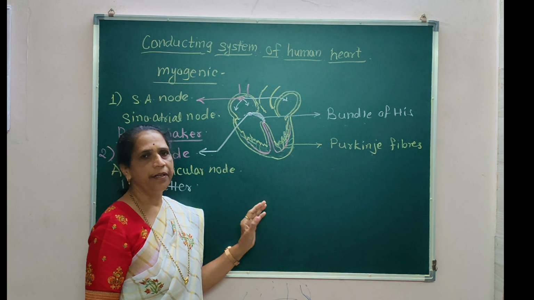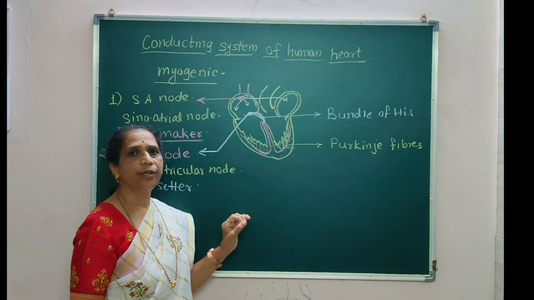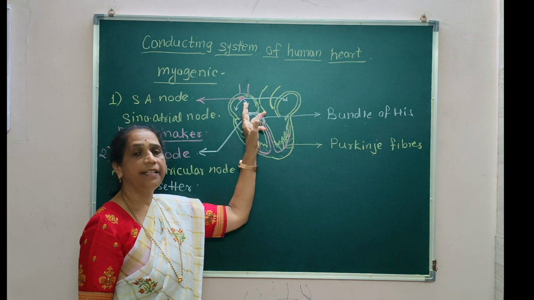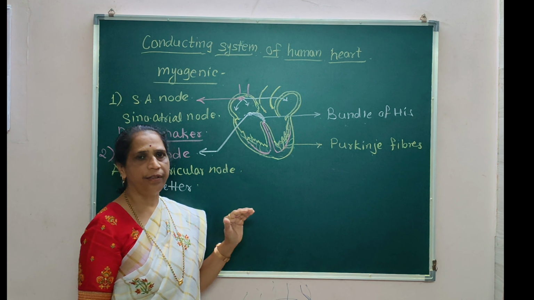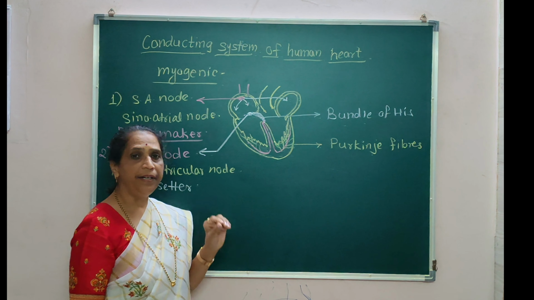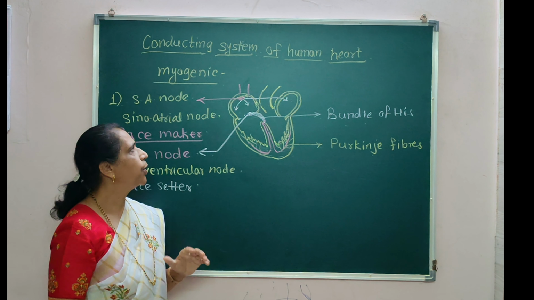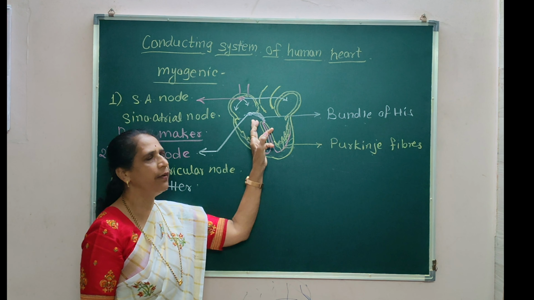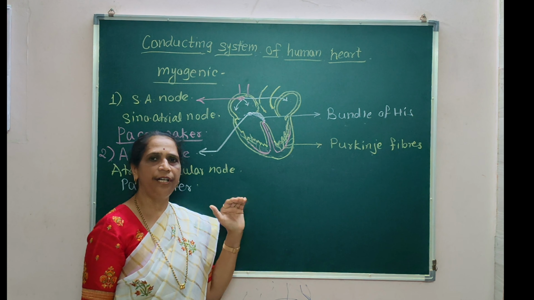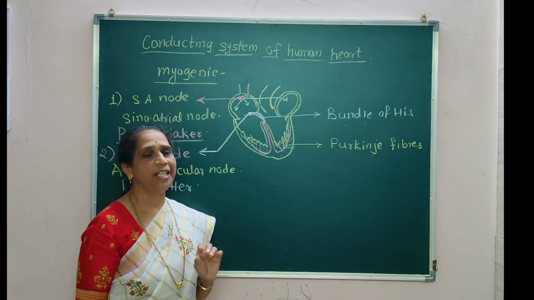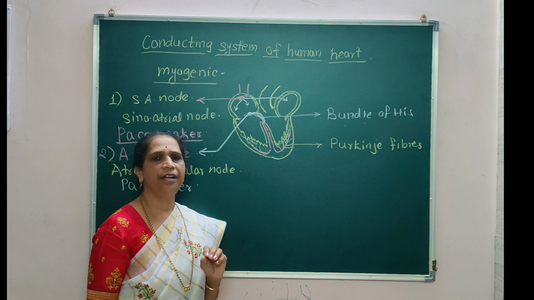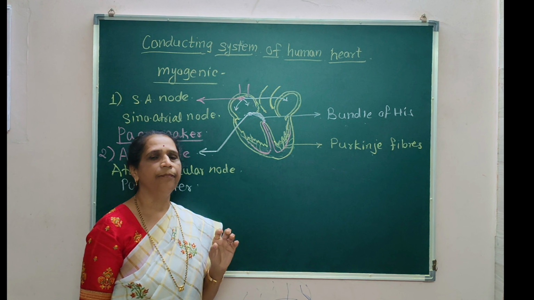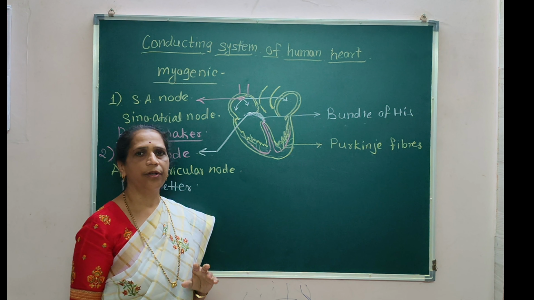The heartbeat, or cardiac cycle, depends totally on the SA node. The SA node generates the impulse and maintains the rhythm of the heartbeat, or autorhythmicity. If there is any defect in the SA node or AV node, they cannot generate, initiate or transmit the impulse, due to which different heart defects occur, like tachycardia, bradycardia or arrhythmia.